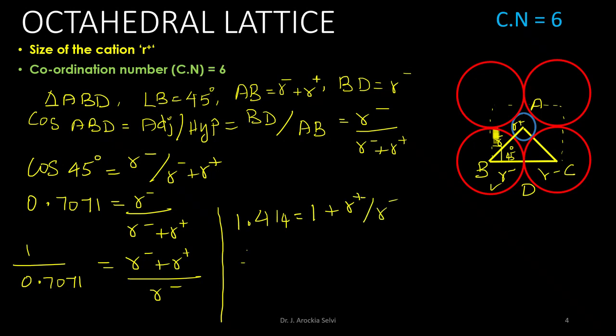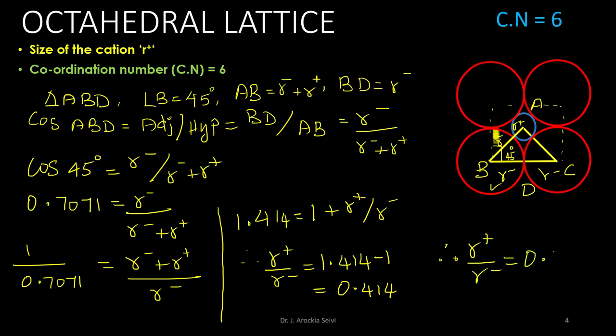Therefore, R plus by R minus is equal to 1.414 minus 1, and the value is 0.414. Hence, for the coordination number 6, R plus by R minus will be equivalent to 0.414. Hope you have understood.